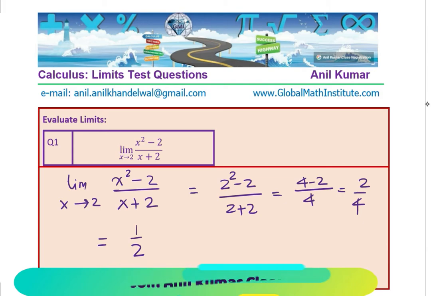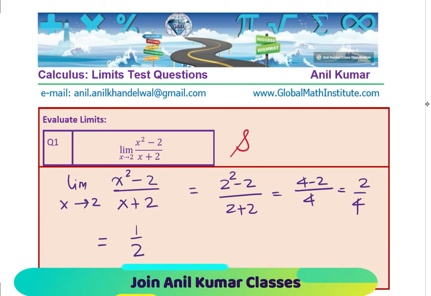So the idea here is, when you substitute, you get an answer, right? So we did this by the method of substitution. Is that clear to you? Simple as that. Whenever you have to find limits, it's a good idea to directly substitute the value. Since limit really means x approaches 2.